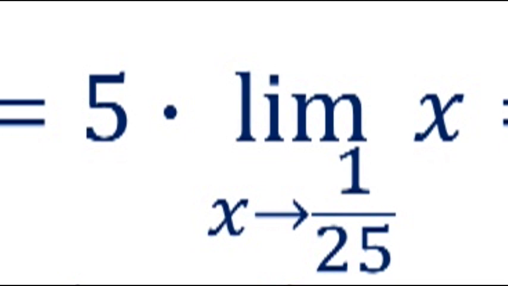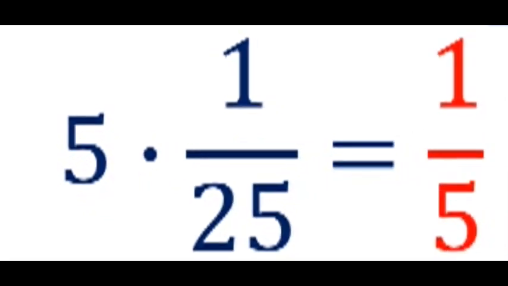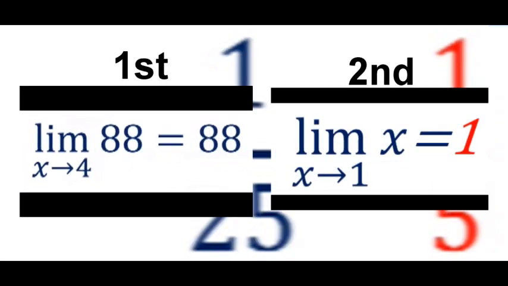The answer there is 1/25, and then you multiply 5 by 1/25, and that gives you 1/5. I hope you understand. As you notice, we keep on reviewing the first and the second theorem, so you have to bear with those theorems because at some point you're going to use them.